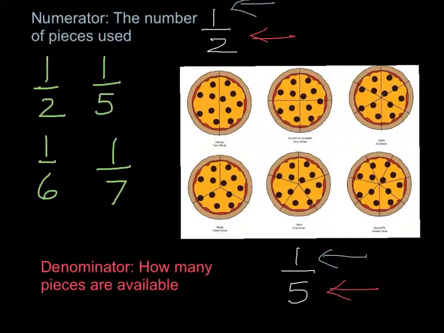Well, the fewer number of pieces means the bigger the piece of pizza. This pizza only has 2 pieces, so taking 1 out of 2 is going to be much bigger than taking 1 out of, say, 7 smaller pieces. So that number on the bottom, the denominator, is important. Not only does it tell us how many pieces are available, it also tells us the size of the piece.